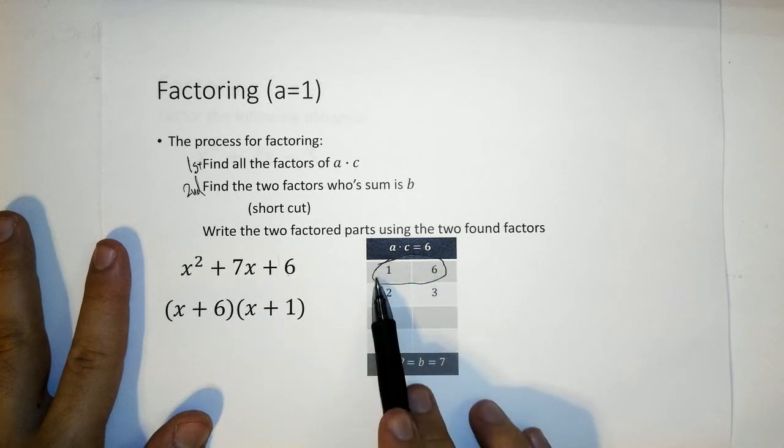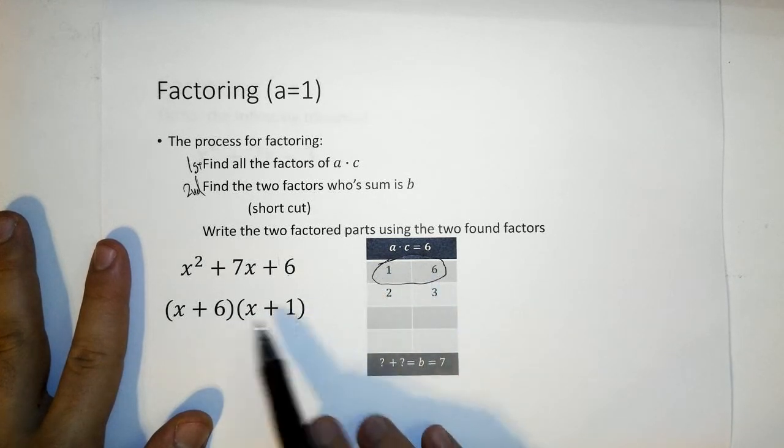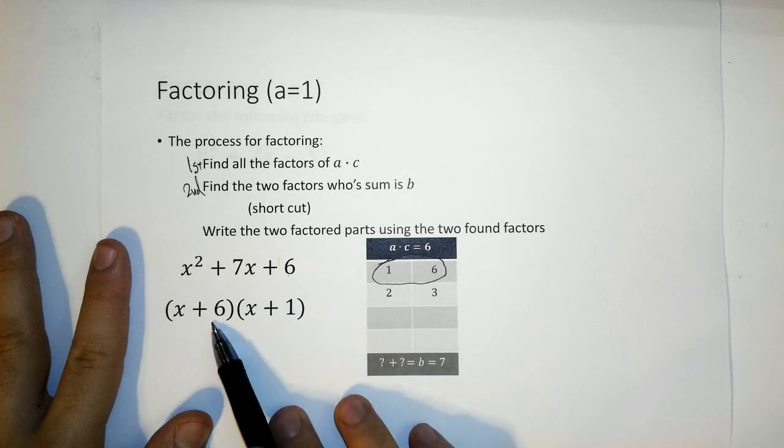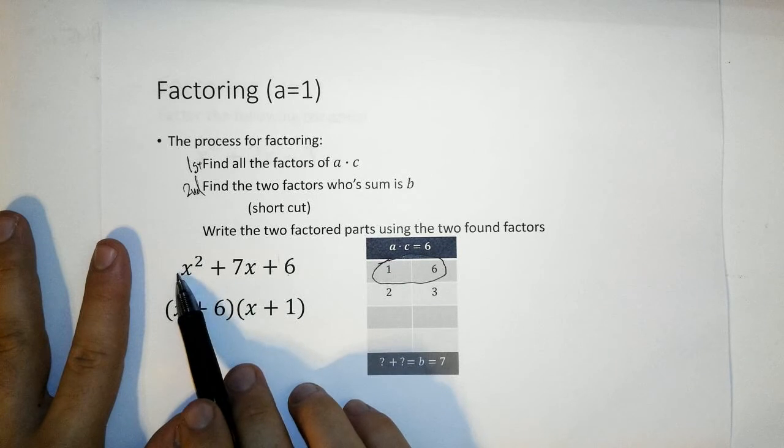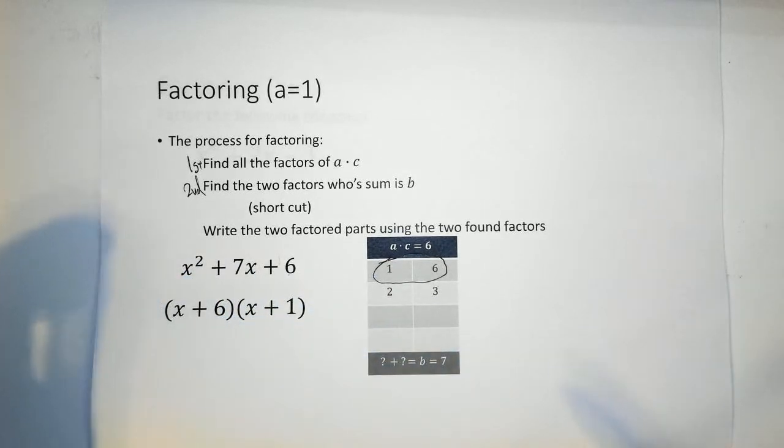I literally found them, and I wrote them right there. That's our shortcut. When you find those two numbers, you can just put them in only when a is equal to 1. It's a very nice shortcut, but there's a lot of concept that it's missing out on. So it's okay to take shortcuts, especially when you're being timed. But you do want to know it exists, and know that we are taking a shortcut, and eventually that shortcut will not be available to us when a is not equal to 1.